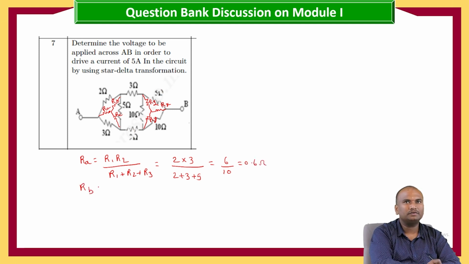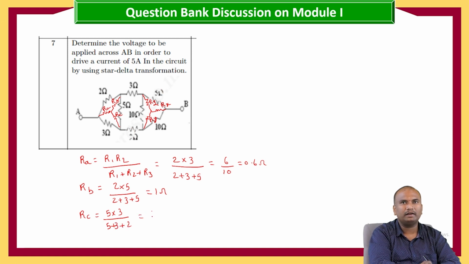RB is equal to 2 into 5 by 2 plus 3 plus 5, which is equal to 1 ohm. And RC is equal to 5 into 3 by 5 plus 3 plus 2, which is equal to 15 by 10, that is 1.5 ohms.